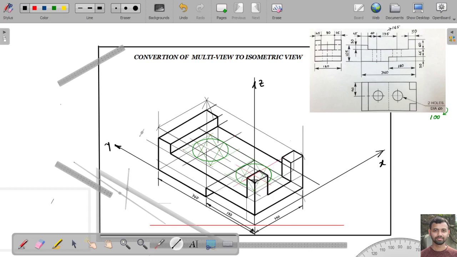So from this point to this point, this point to this point, dimensions will be given, and from this point to this point also the dimensions will be given. Okay.